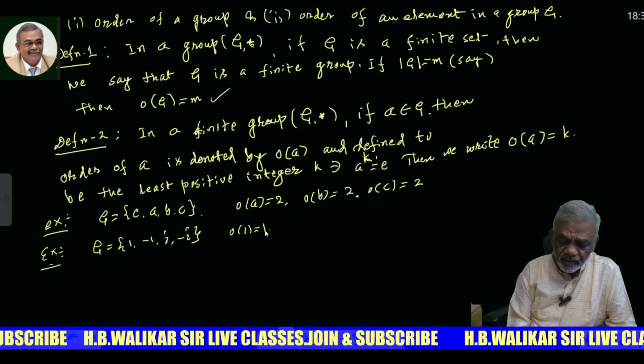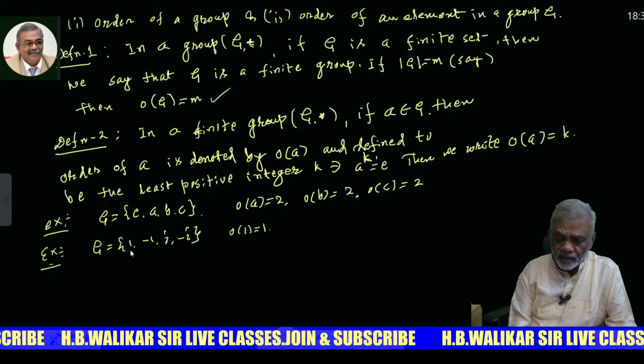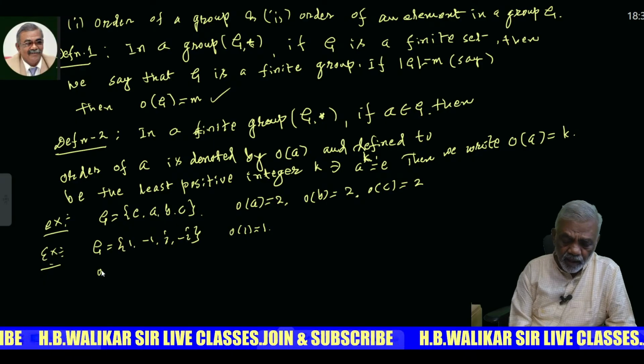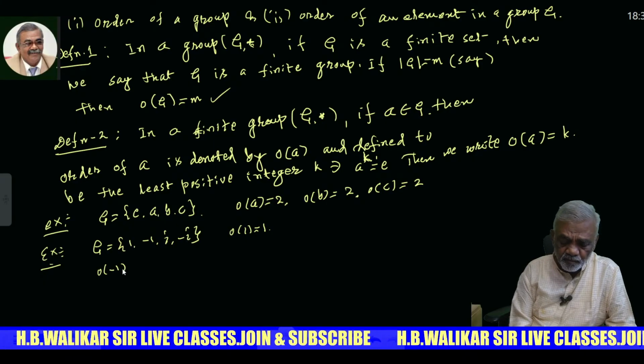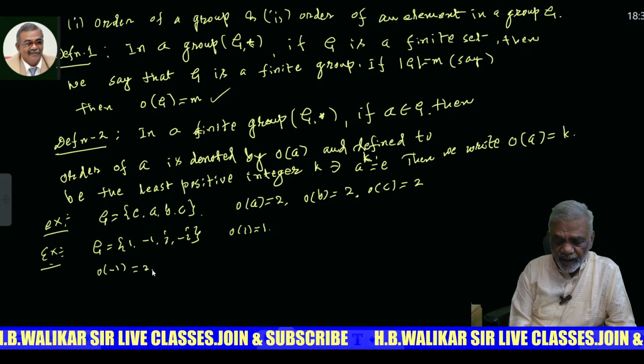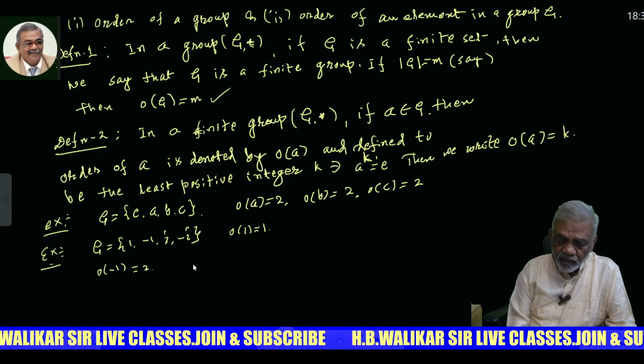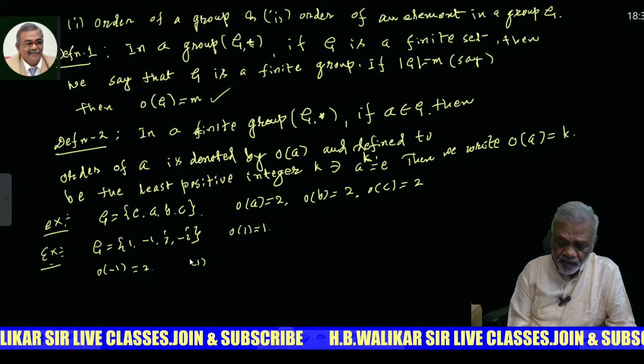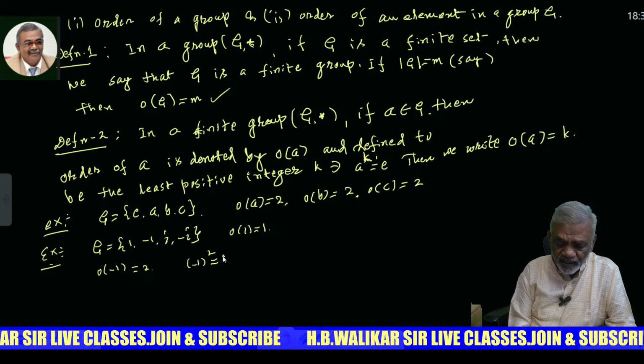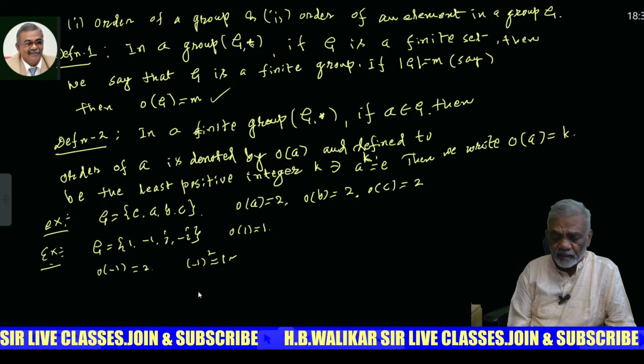Now here, order of 1 is 1. Order of -1 is 2, because here (-1) raised to 2 is equal to 1, the identity.